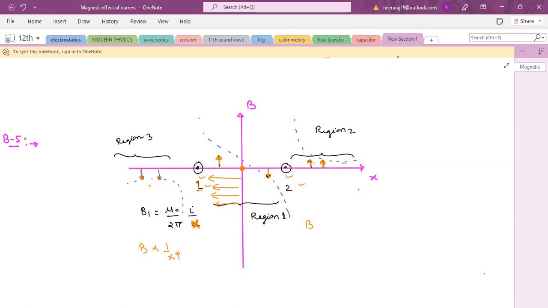So in this region, from this part to this point, for 1 the distance is less, तो field should be high. इसका मतलब है बच्चों, यहाँ पे जब तुम minus करोगे ना, in this part from here to here, you will say B1 minus B2 because B1 will dominate, B1 is higher, right? So यहाँ पे direction of B1 will dominate because B1 has higher magnitude. This side direction of B2 will dominate because inversely proportional to x, है ना बच्चों, मैं subtract कर रहा हूँ.